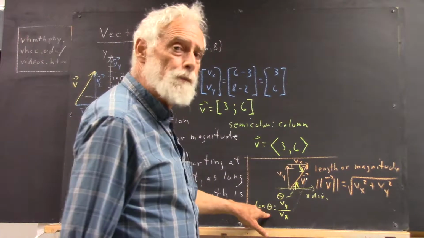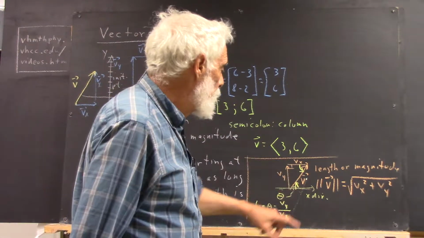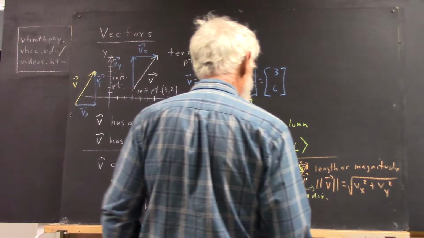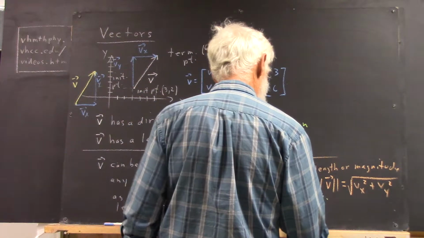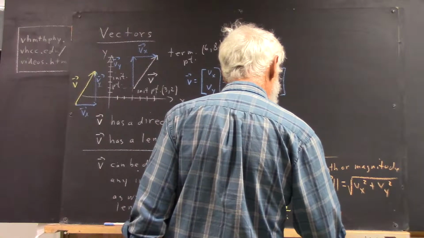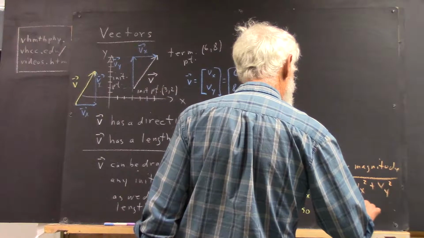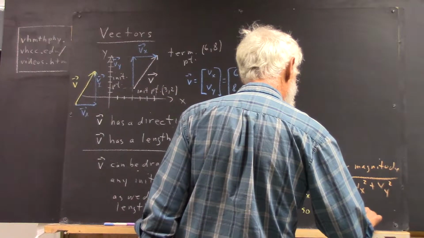Okay, in any case, the tangent of theta, the angle made with the x direction, is Vy over Vx. So the angle is what? It's just the inverse tangent of Vy over Vx.